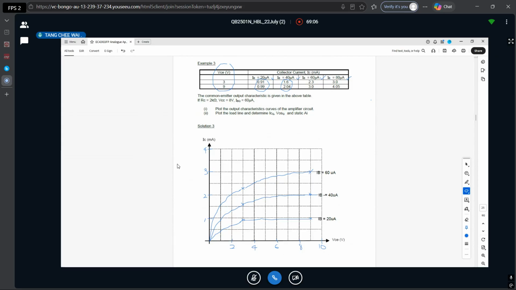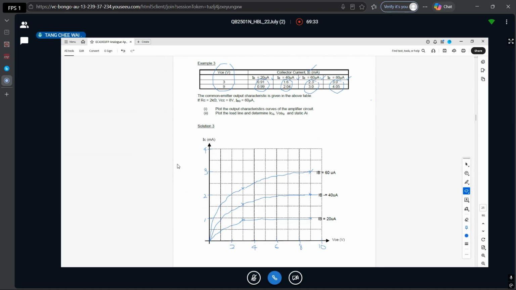These are all the IC, collector current. You can still ask me again. I start first. Listen very carefully. If you follow me once, twice, three times, I think you are able to do it.